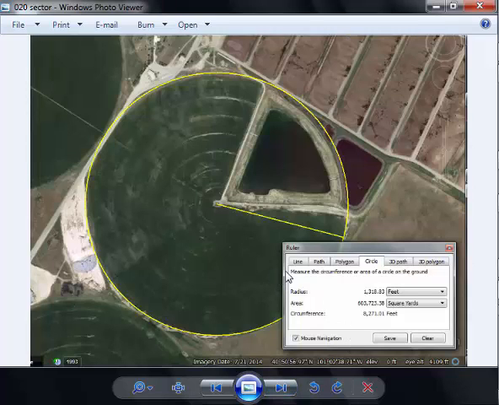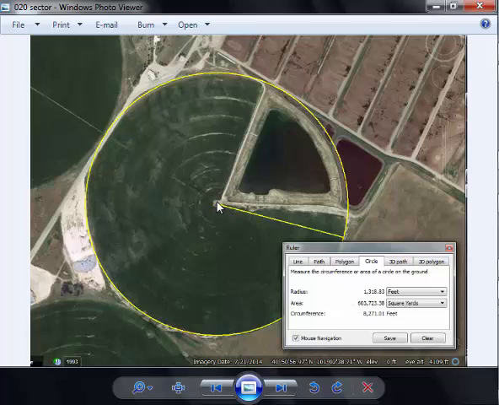Here's an interesting one. Here's a circle that has a radius of 1,318 feet, and the area, which is pi times radius squared.